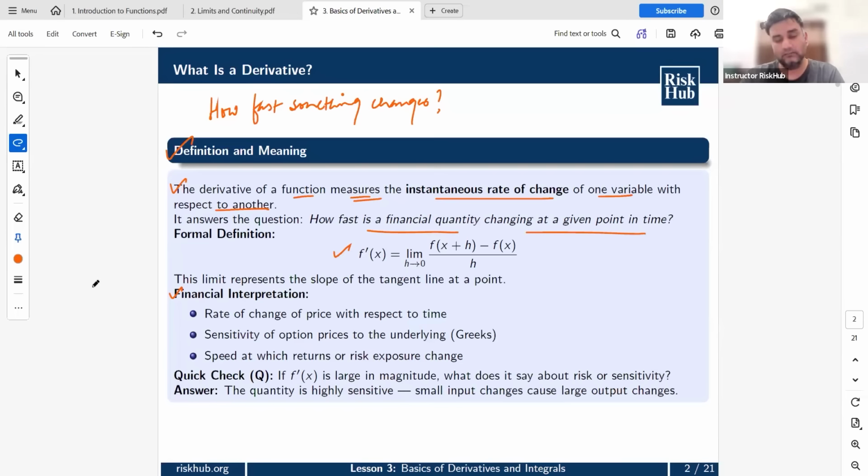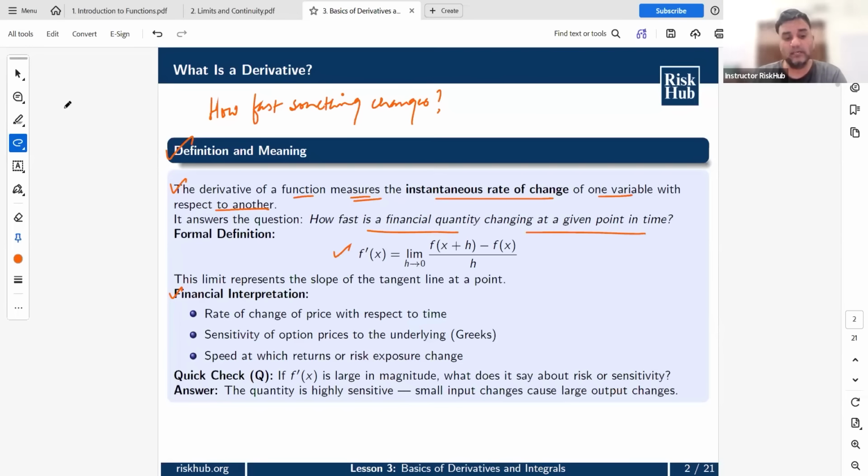When you take the limit, the change becomes infinitely small, so we get the instantaneous rate of change.